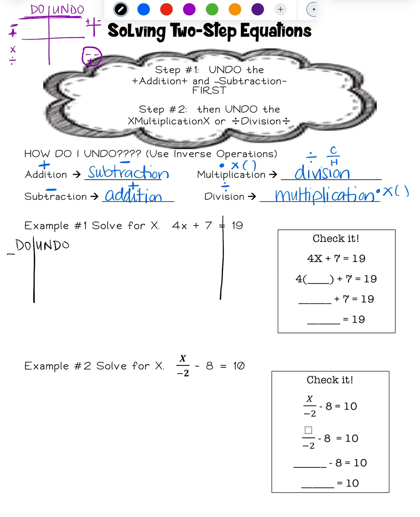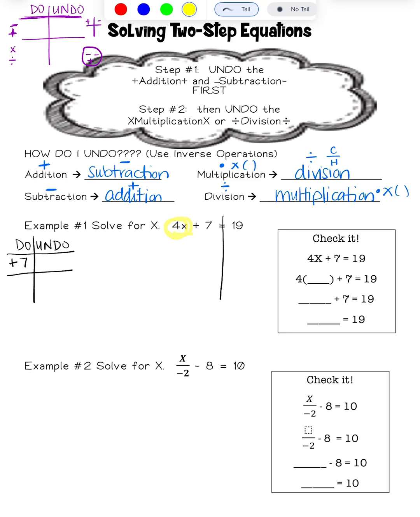So first thing first, I'm going to say, okay, what adding and subtracting items are in my problem? Well, I can see here that what are they doing to X? Oh, they're adding 7. So on my do-undo chart, I am going to write they are adding 7, okay? And then the next thing I'm looking for is the multiplying and dividing. So I'm going to check and I'm going to say, okay, are they doing any multiplying and dividing to X?